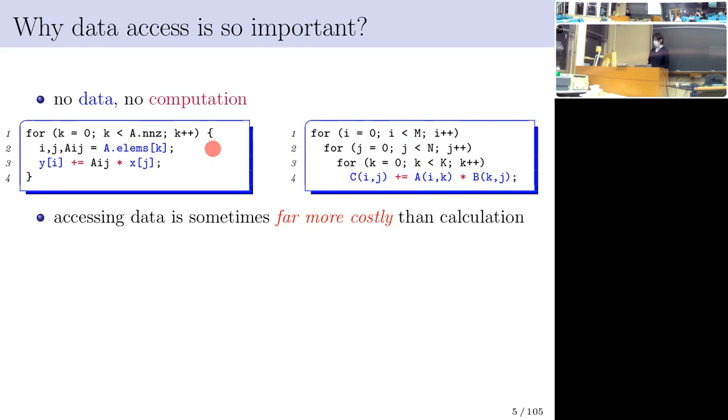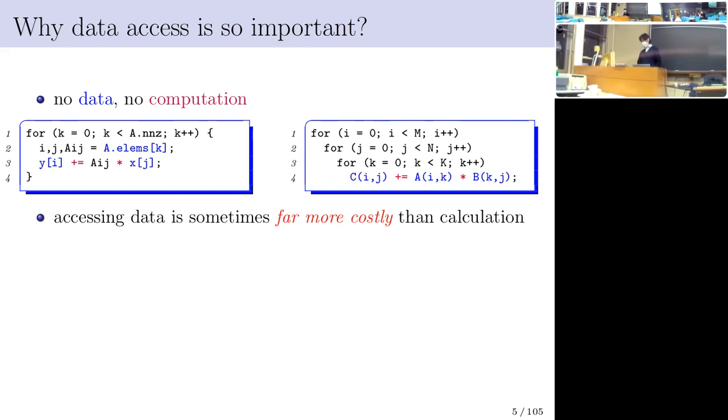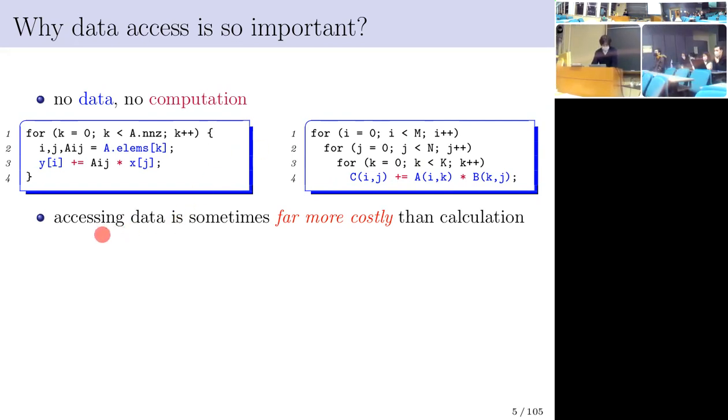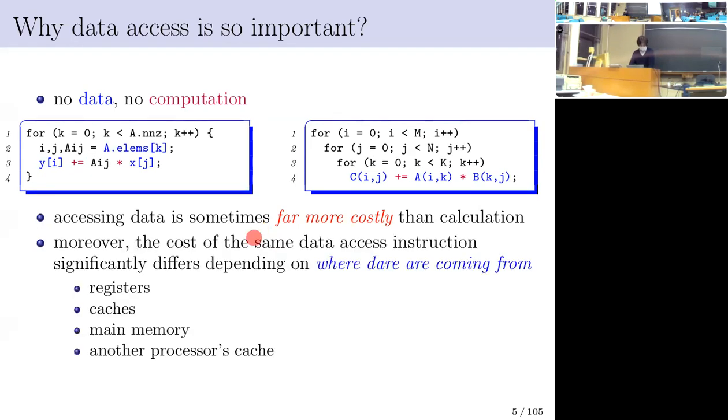So any computation involves a fair amount of data accesses. And that's not the only reason why talking about data access is so important. Accessing data is sometimes far more costly than the calculation itself. It is actually typically much more costly to access data than to do some calculation.